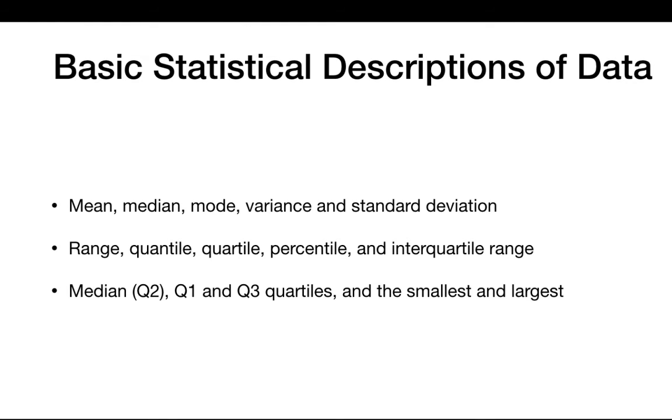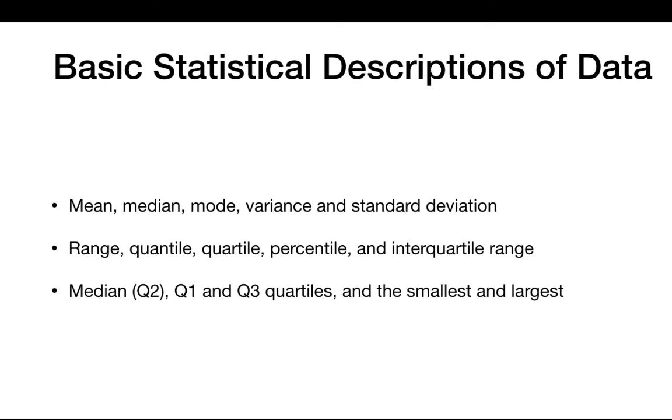You can do some research about the five-number summary, which is the distribution summary that consists of the median, Q1 and Q3 quartiles, and the smallest and largest individual observations, which are the minimum and maximum numbers. So start with the minimum, Q1, median which is Q2, Q3, and maximum, in order.